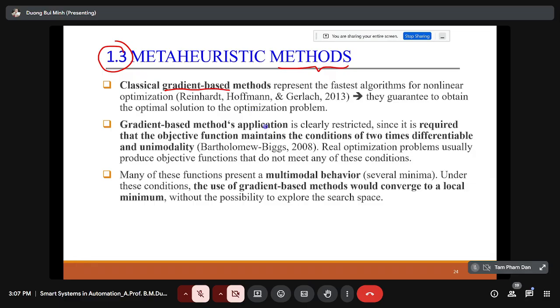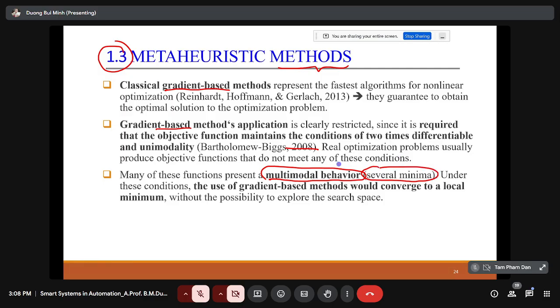Yeah, we have some modification of gradient-based methods. For example, in 2008, we have many methods for multimodal behavior. Multimodal behavior means the function has several minima.